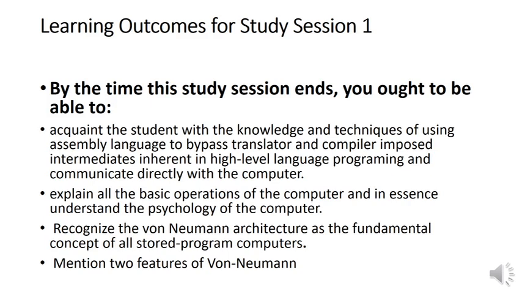The purpose of going through this course is for the student to understand how they can bypass compilers and translators and communicate directly with the system, and to also explain all the basic operations of the computer and in essence understand the psychology of the computer.